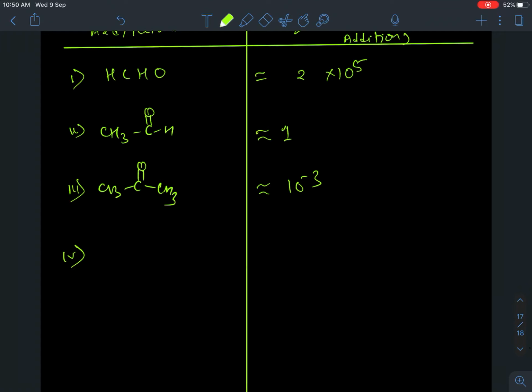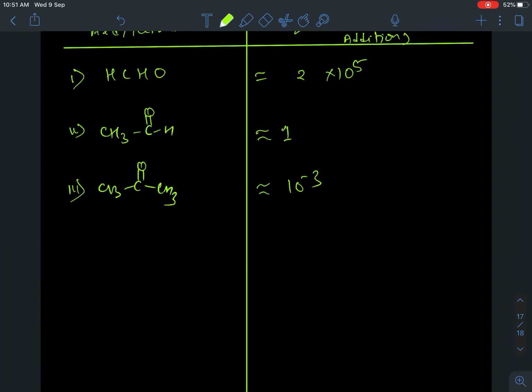Now when you replace the CH3 of this aldehyde with a phenyl group, the phenyl group contribution is again very similar to this ketone only.